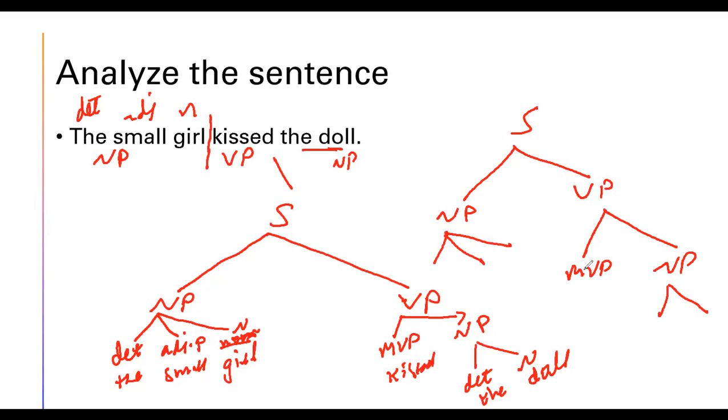Because the verb cannot be divided further, we are just putting V over here, and we can write kissed this way. And because this can be divided further, we are putting further categories like this, noun and determiner, and the doll.